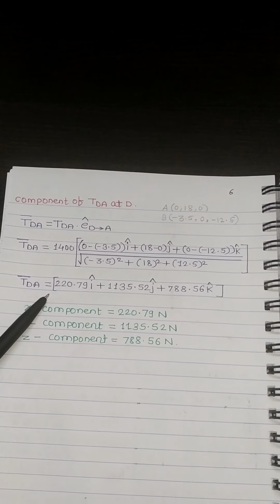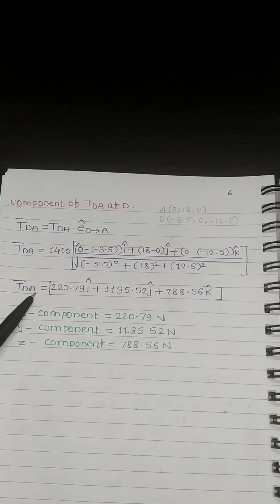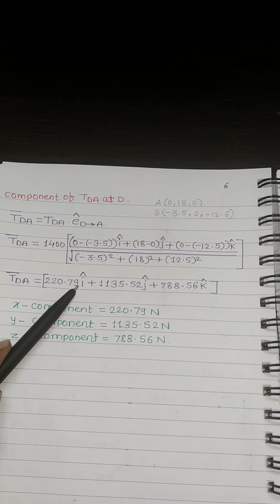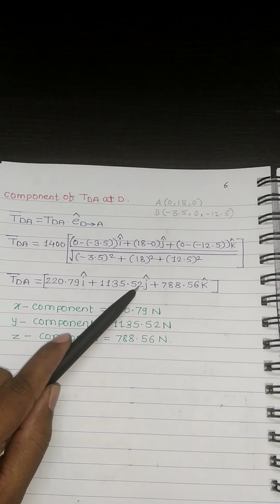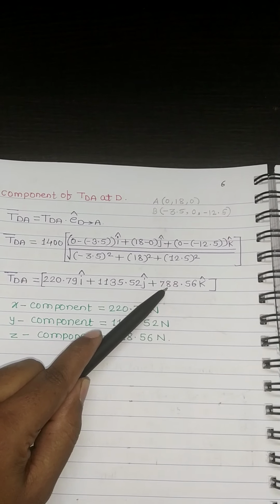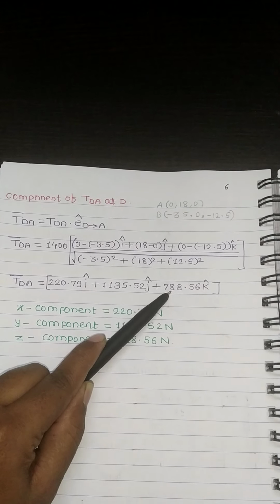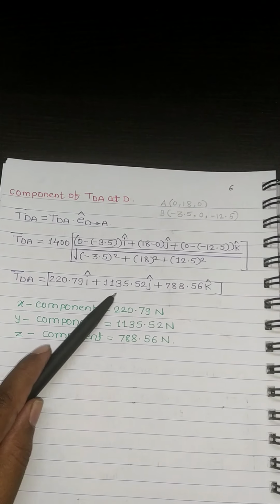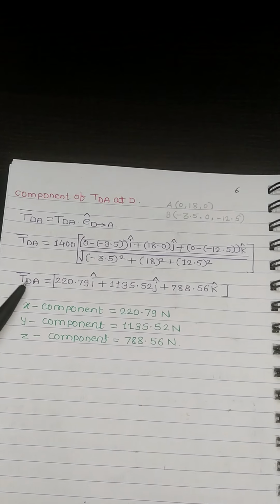With this, we have vector TDA equal to 220.79 I cap plus 1135.52 J cap plus 788.56 K cap. I, J and K define the X, Y and Z direction components of this TDA.